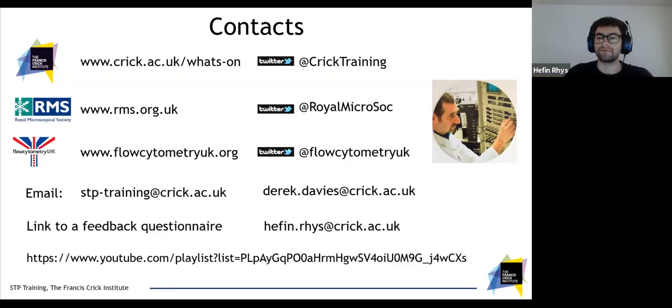Yeah, so a lot of people, when I'm teaching them the ImageStream, struggle with this actually, because they're so used to starting with forward and side scatter. So I think most people end up starting with their singlet gate usually, which will be the area of the bright field image against the aspect ratio. But often what I will do, and I think people find this useful, is I'll sort of emulate the forward and side scatter plot.